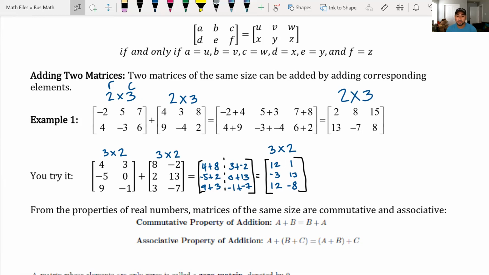So the commutative property of addition says A plus B equals B plus A. So that means that, looking at the above, the first one was matrix A, and the second one was matrix B. All the commutative property says is that it doesn't matter if it's A plus B or B plus A, because no matter what, we'll get the same result. That's all the commutative property says.